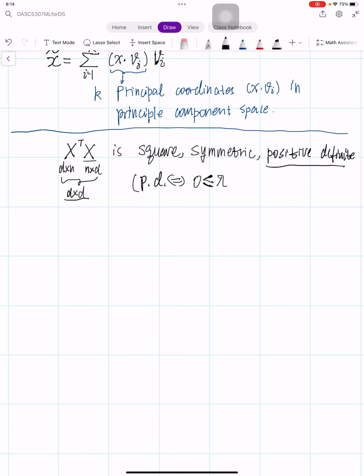So the smallest eigenvalue, the second smallest eigenvalue, the largest eigenvalue, they are all non-negative. Okay, so we let lambda 1 to lambda d be the sorted eigenvalues.